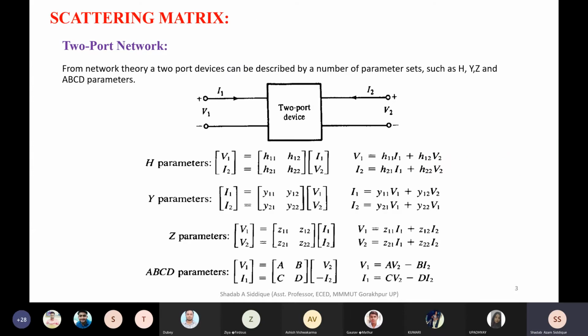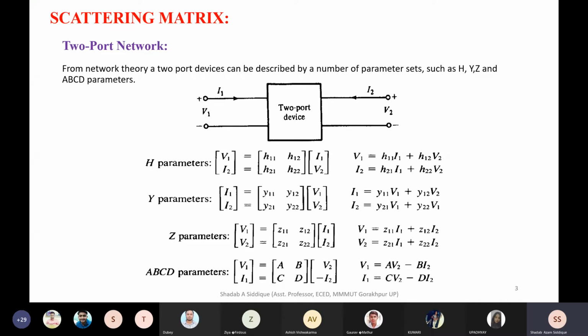Now we are going to start the scattering matrix. Before going to the scattering matrix, let us have some concept about the two-port network. The scattering parameters can be analyzed using a two-port network. But what is a two-port network?